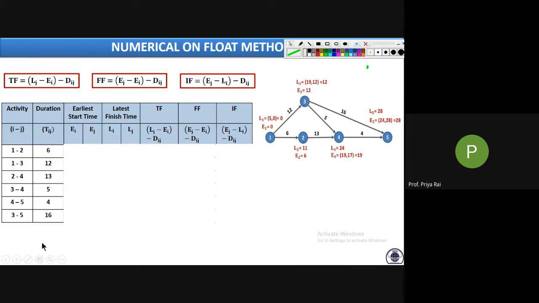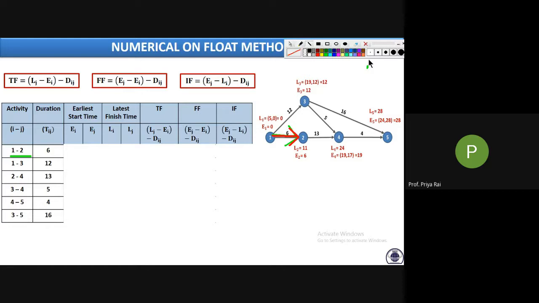Now tell me, this is the diagram. From the diagram, what is Ei for the first activity? The first activity is 1 to 2. This is your i, this is your j.